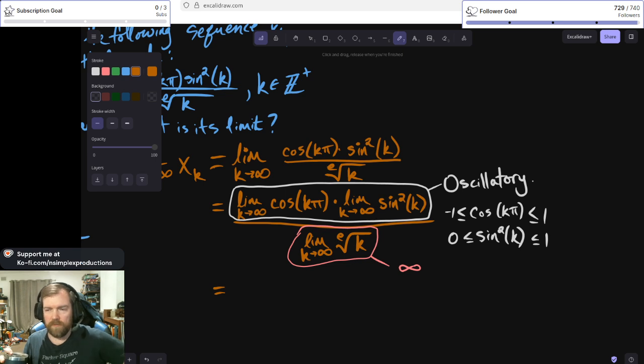So for the cosine of k pi, all of the values of 1 and -1 are going to be when those are whole multiples of pi. So whenever k is an integer, what do you know? Those are the numbers we get.